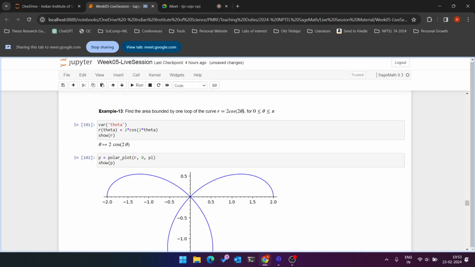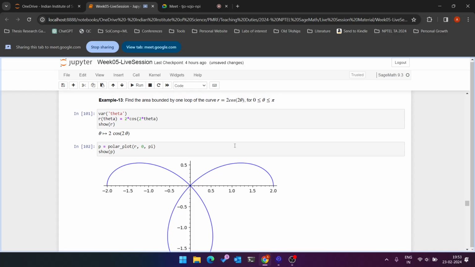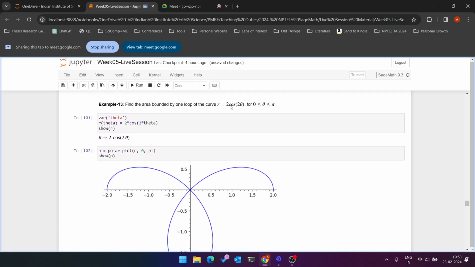When theta equals 0, cos 2 theta will be 1, so my r will be 2. As theta increases to pi by 4, cos of 2 theta becomes cos of pi by 2, which becomes 0. So at theta equal to pi by 4, my r equals 0. At theta equaling pi by 2, the cos expression basically becomes -1, and my radius becomes -2.